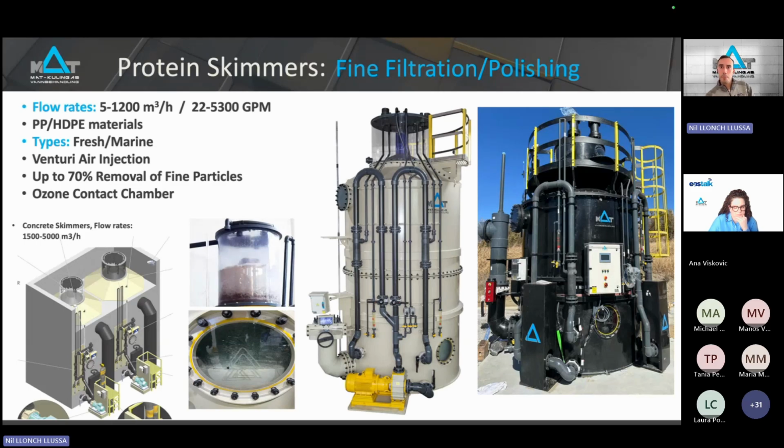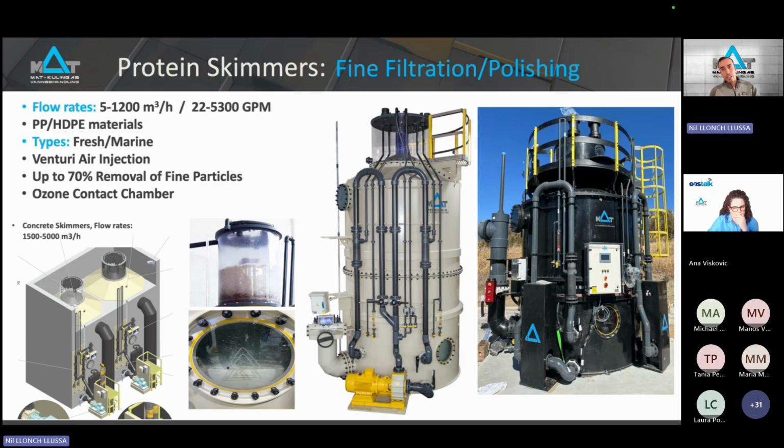So, focusing on protein skimmers, how do they work? As you can see in the middle picture, there's a yellow pump. This is an internal recirculation system of water. This pump creates pressure to a venturi, where the venturi creates suction pressure on the air.